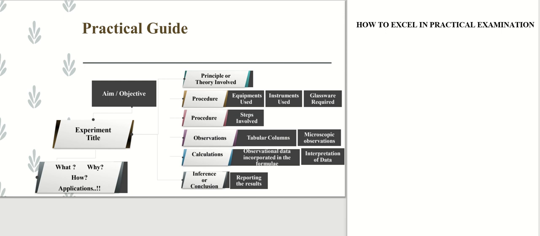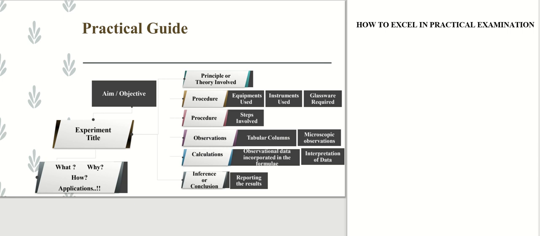Now, list out the experiments. Then list out the various chapters in your theory and match the experiments that are related to a particular theoretical class or lecture. You'll get to know, okay, from this topic, we have performed this experiment.